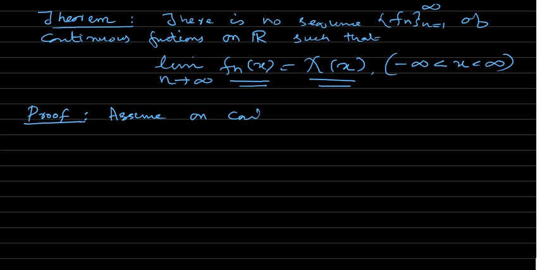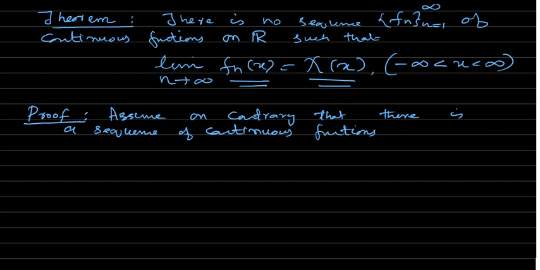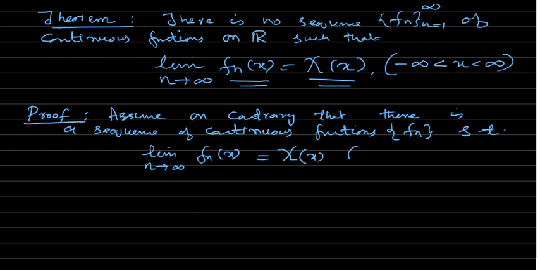Assume on contrary that there is a sequence of continuous functions fn such that the limit as n approaches infinity of fn(x) is equal to chi(x), the characteristic function of rationals.